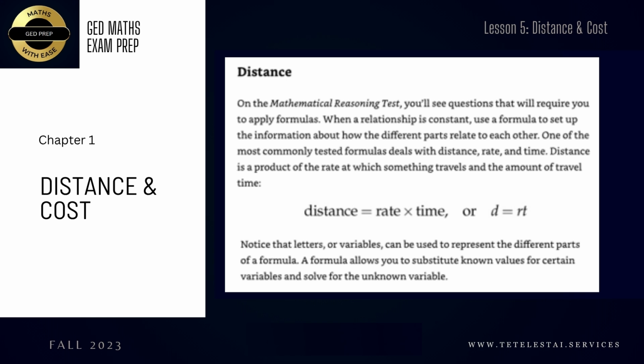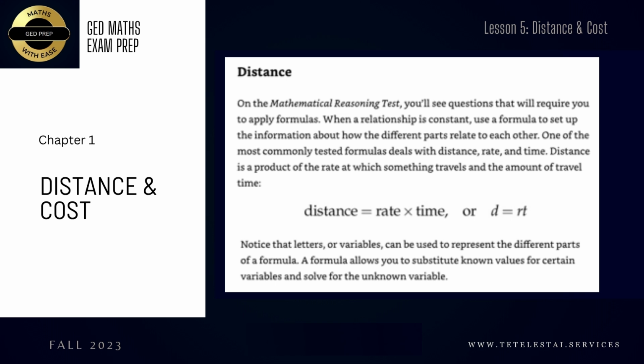So distance is a product. We know that multiplication is involved here. Of is telling you what the variables involved are, right? Rate and time, okay? Note that the letters of the variables can be used to represent the different parts of a formula.